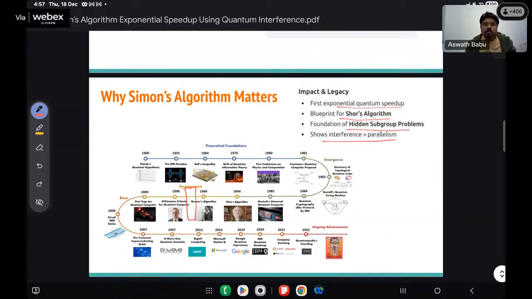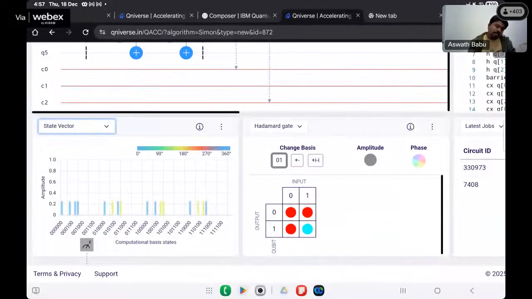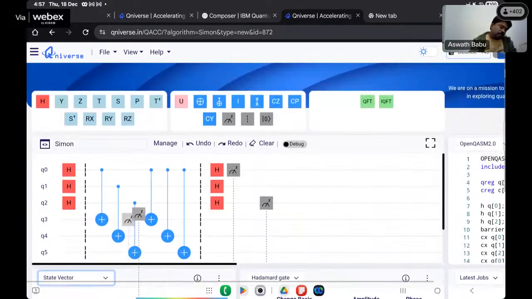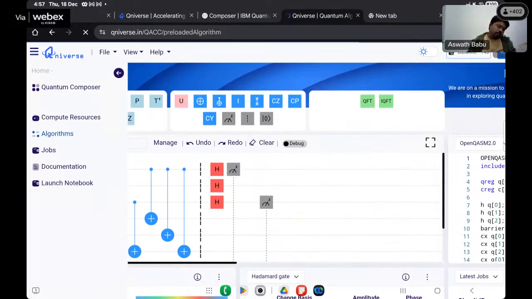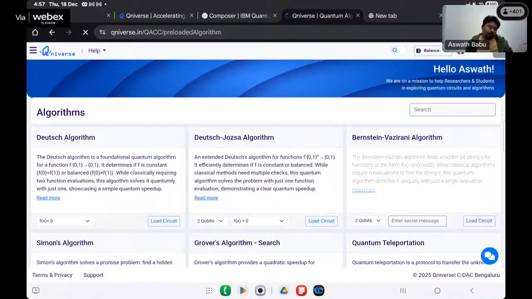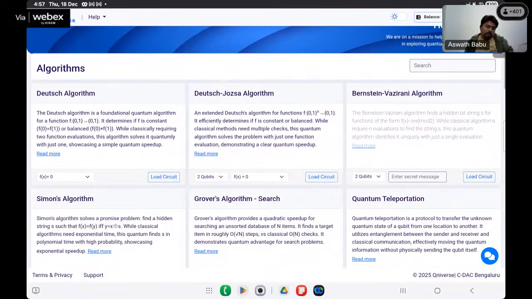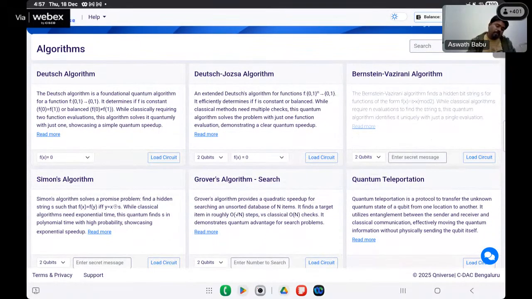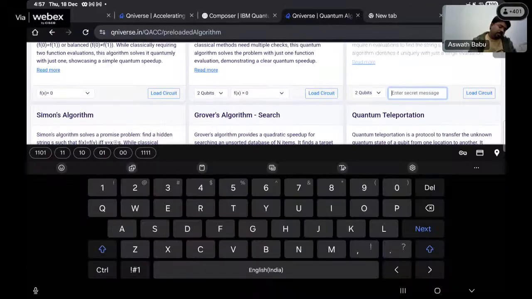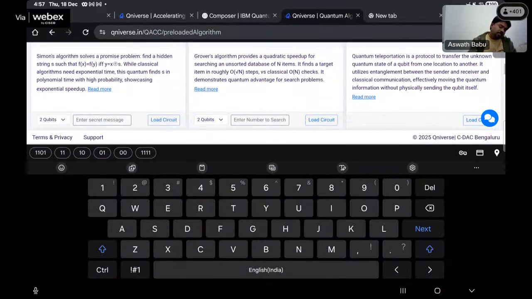I have discussed all four algorithms: Deutsch-Jozsa, Bernstein-Vazirani, and Simon's algorithm. Those who are interested can go to Q inverse and implement all four algorithms for multiple cases by picking what kind of function or bit string you want to search.